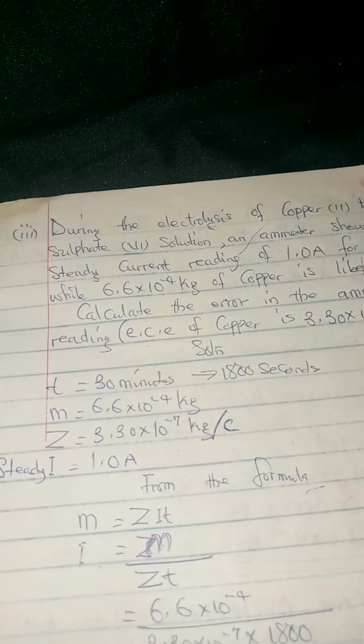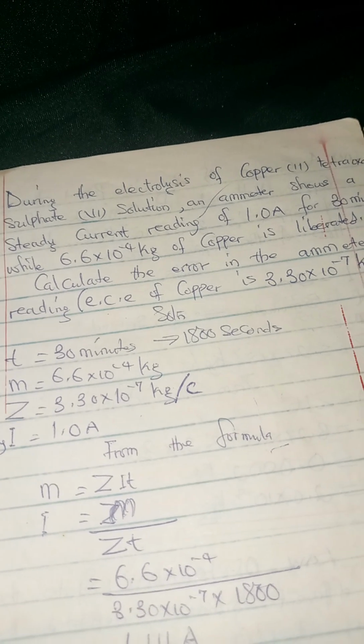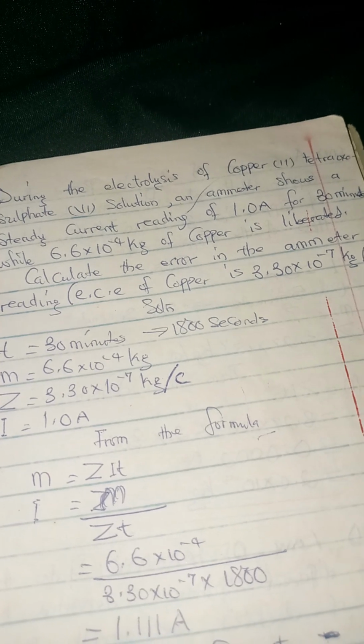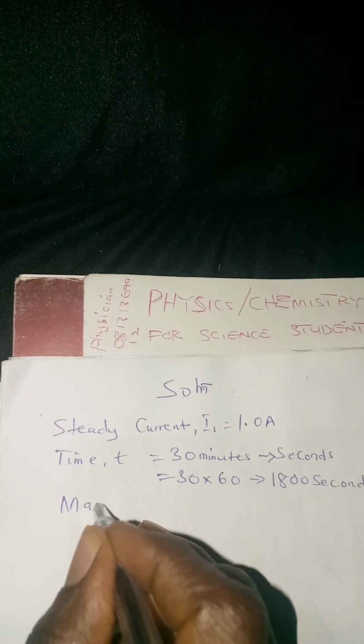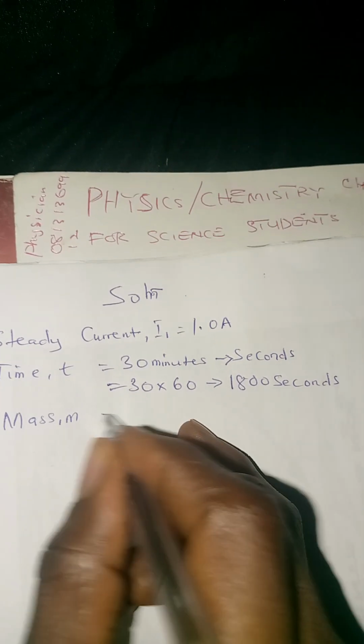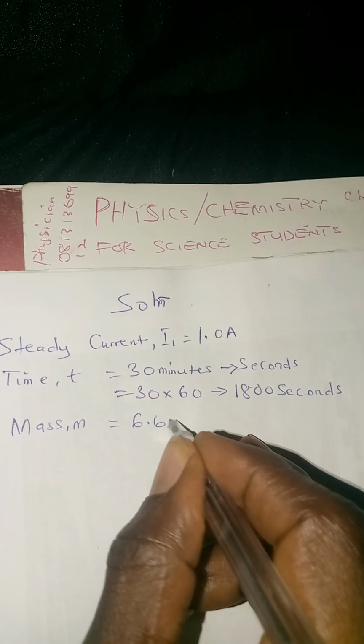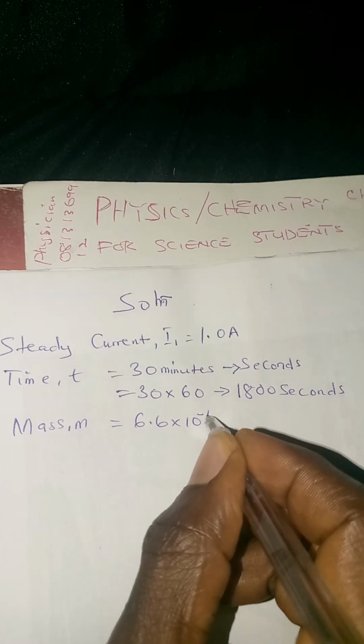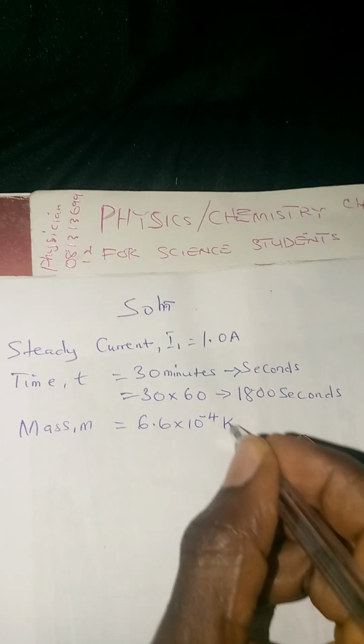So let's look at the question again. They say, while 6.6 times 10 raised to minus 4 kilogram of copper. That means when you see kilogram, it points to mass. Mass is symbolized with the letter M, equal to 6.6 times 10 raised to the power minus 4 kilogram.